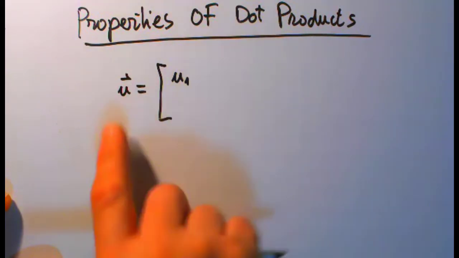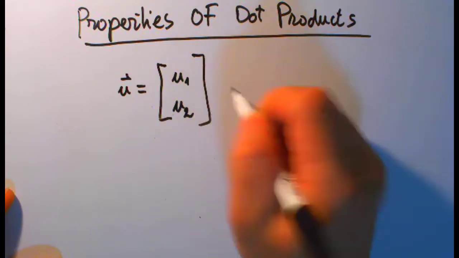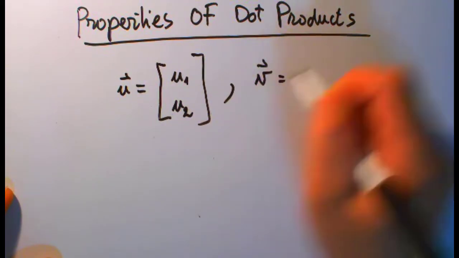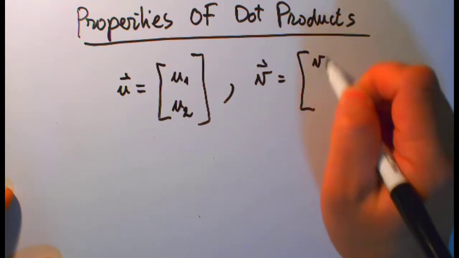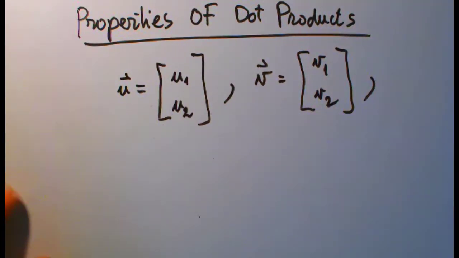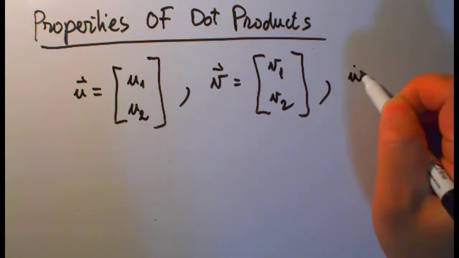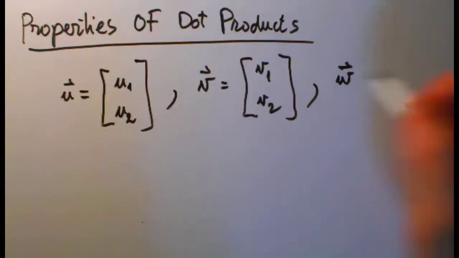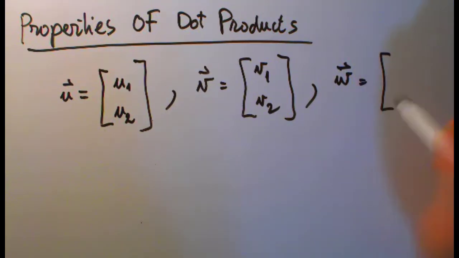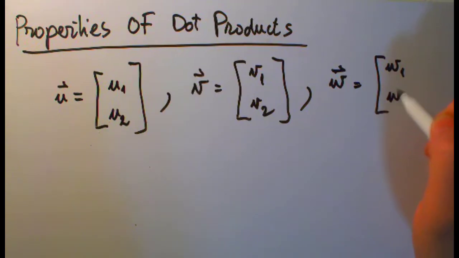So let's say U is a vector in R2 with components U1, U2. V is a vector in R2 again with components V1, V2. And for this work right here, we're going to need a third vector. How about I name it W, a vector in R2 again with components W1, W2.